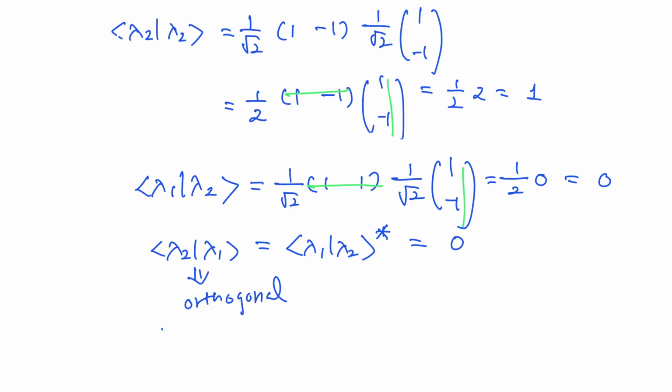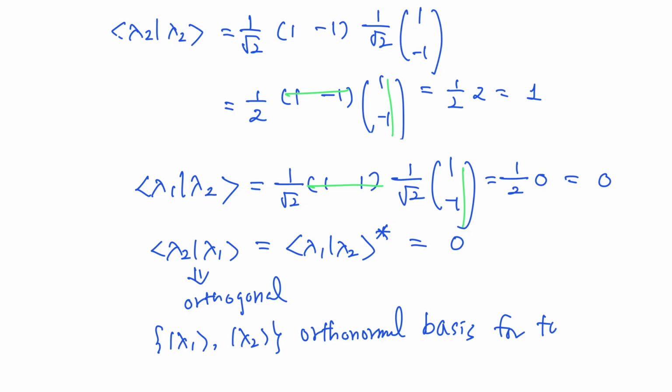And we can put this, lambda 1, lambda 2, as an orthonormal basis for two-dimensional vector space.